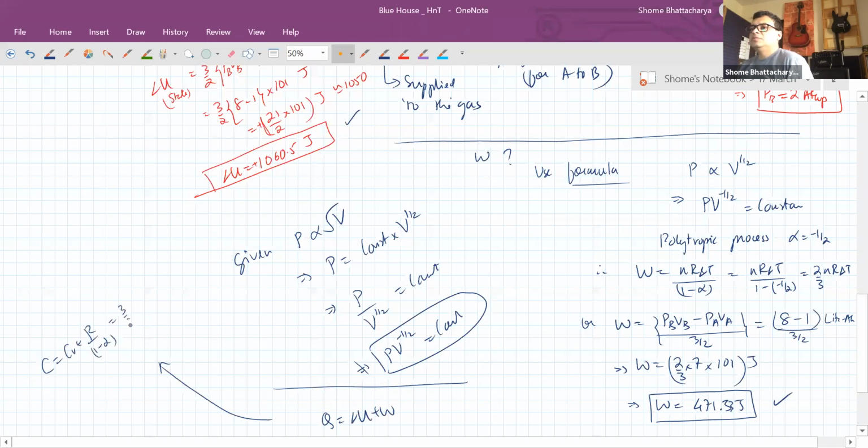So that becomes 3 by 2 R plus 2 by 3 R. So in this case, it becomes 13 by 6 R. So Q is equal to nC delta T. So 13 by 6 times nR delta T. That's another way we can calculate Q.